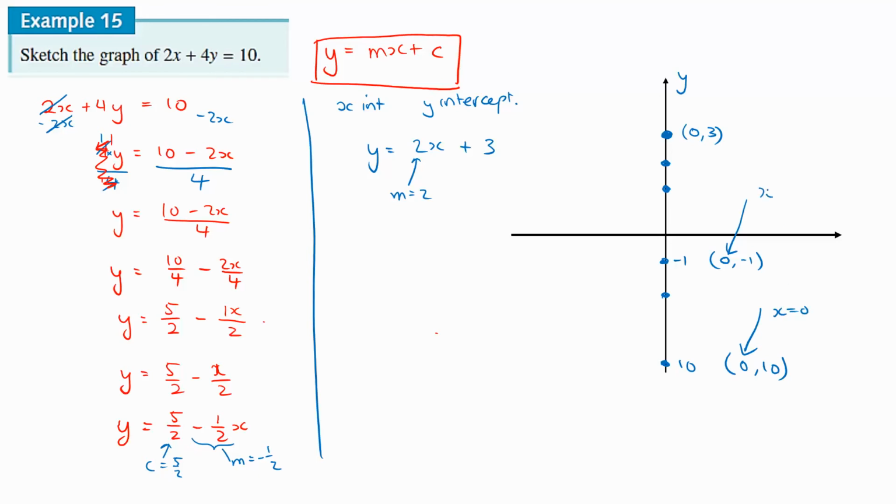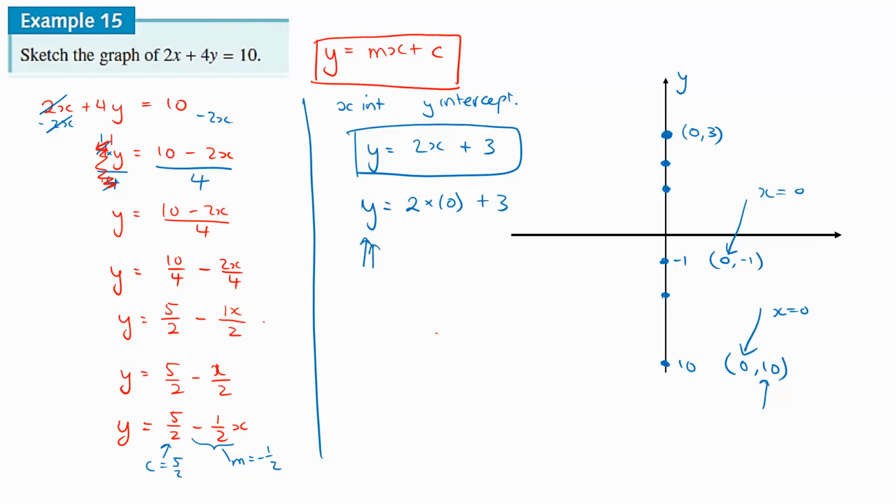So because x is always 0, in my equation y equals 2x plus 3, when x is 0, we get 2 times 0 plus 3, so y equals 3. That should be my y-intercept.